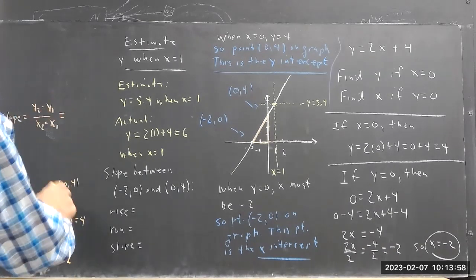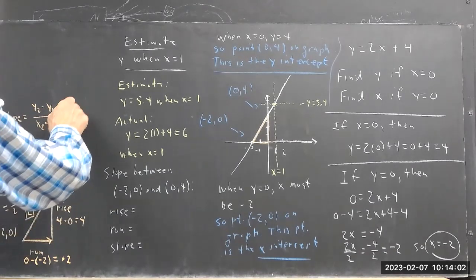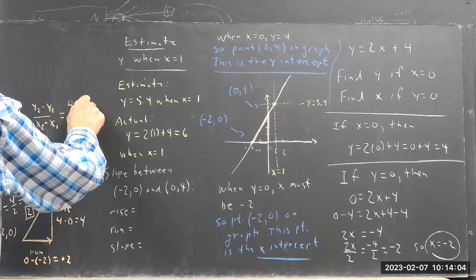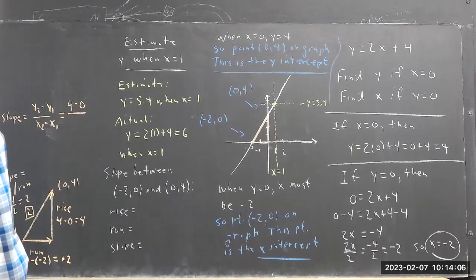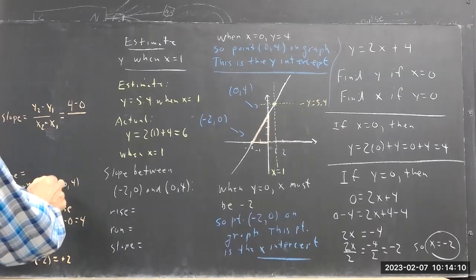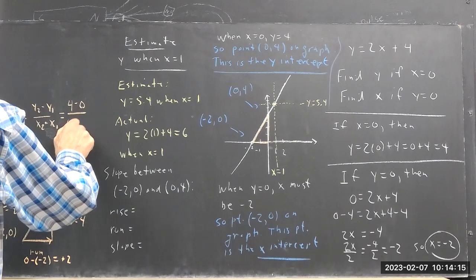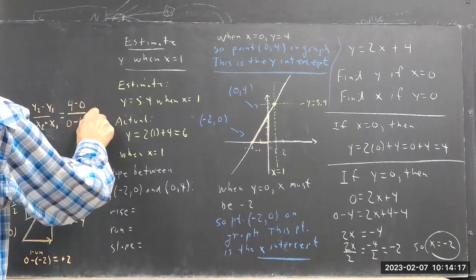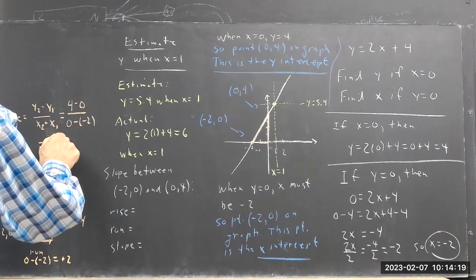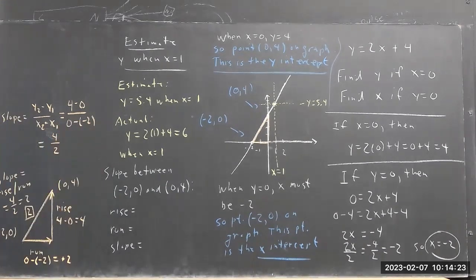So y2 would be 4, and y1 would be 0. Then your formula tells you that's 4 minus 0. You divide by x2 minus x1. Well, x2 is then 0, and x1 is minus 2. 0 minus -2 is 0 plus 2, right?